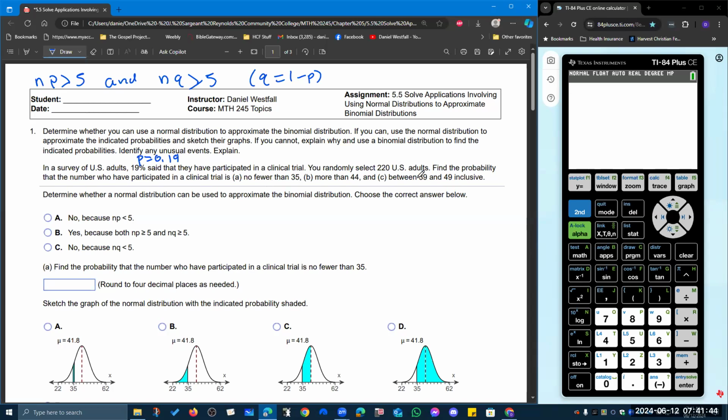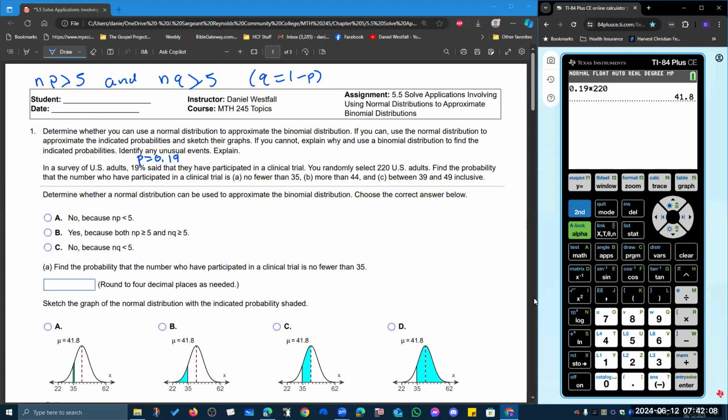Let's first see if 0.19 times 220 is at least 5. If this smaller number, because 1 minus 0.19 is bigger, is bigger than 5, and it certainly is, then the other number, nq, is also going to be bigger than 5.